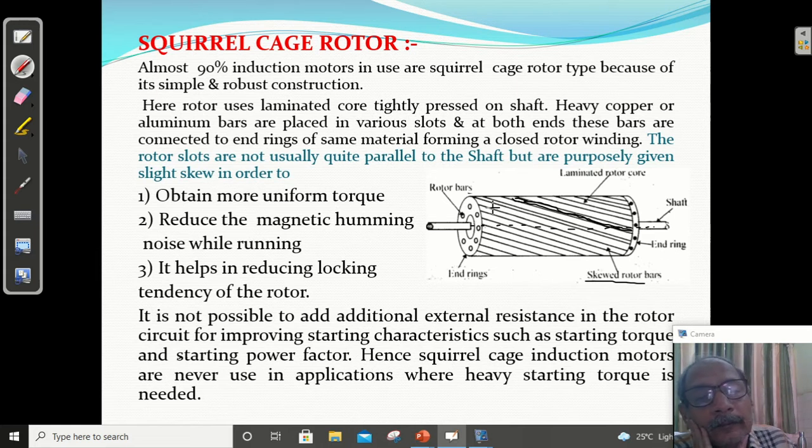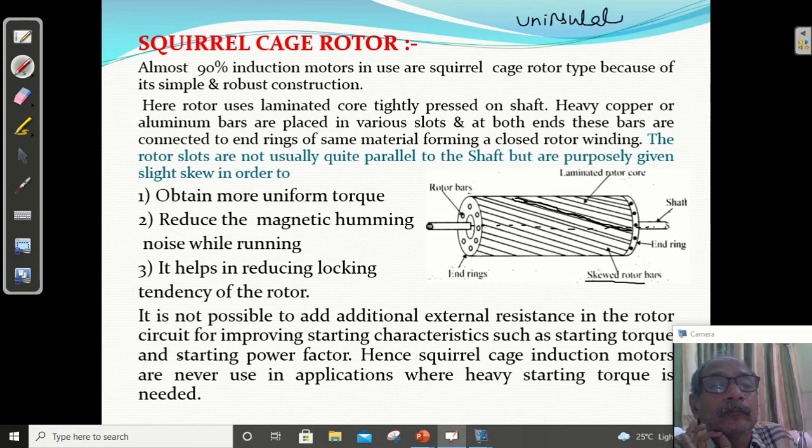Now here, after that we will provide the uninsulated conductor, in the form of bars.